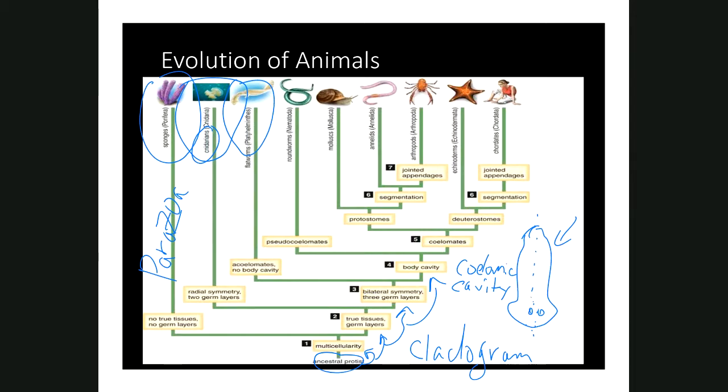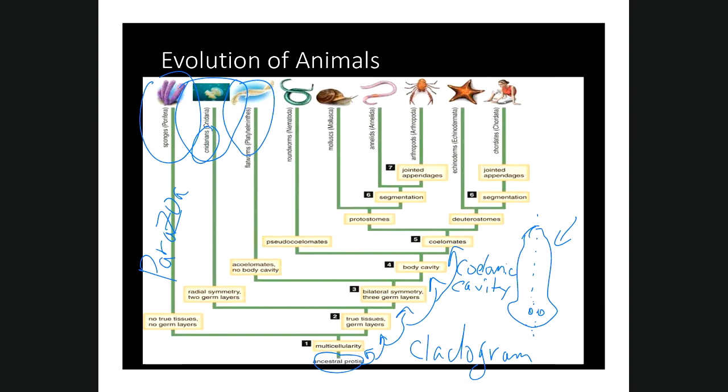Okay, and if it does have a coelomic cavity, does it have a true coelom or is it a false coelom? And I'm not going to go into the difference between the two because it's beyond the scope of this course. But basically, it deals with how many germ layers you have. Do you have all three or do you have two?